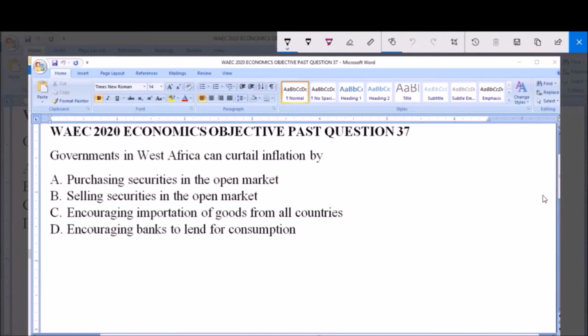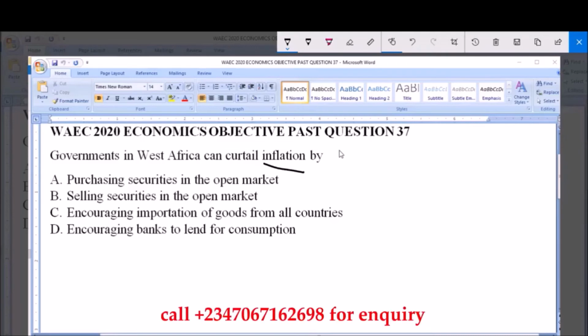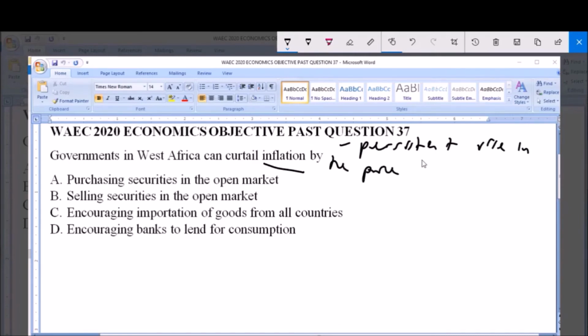Now, inflation is defined as persistent rise in the price level of goods and services.